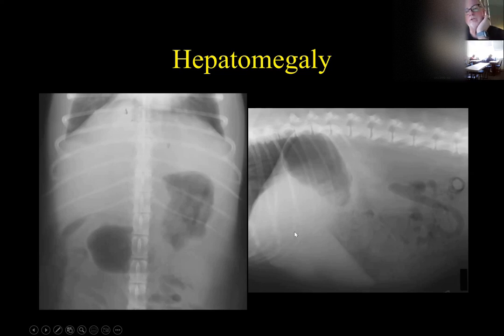Okay. Well, what are some reasonable differentials? Well, it depends on lots of things. The first thing I would want to know is, how old is the dog? If he's middle-aged to older, there's a really good chance that it's going to be some type of cancer in the liver. If the dog is young, then it could be a big cyst in the liver.